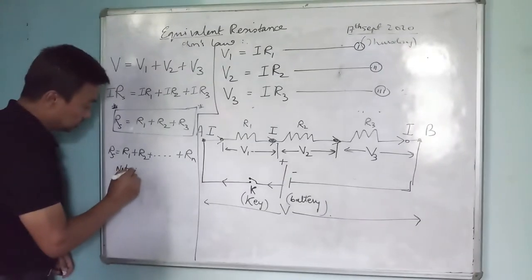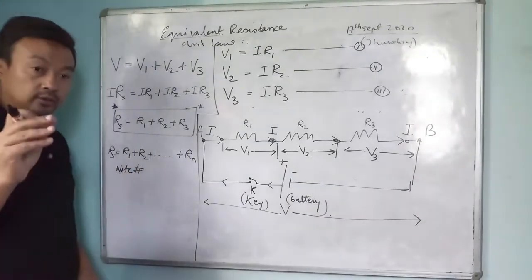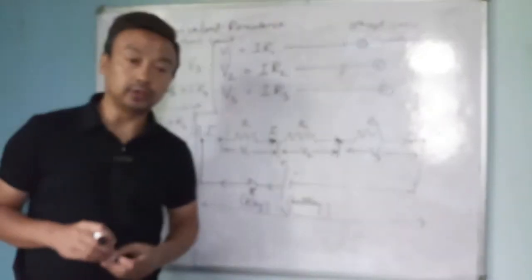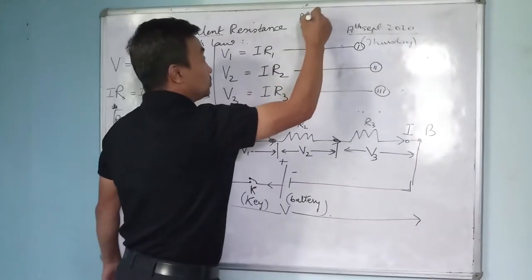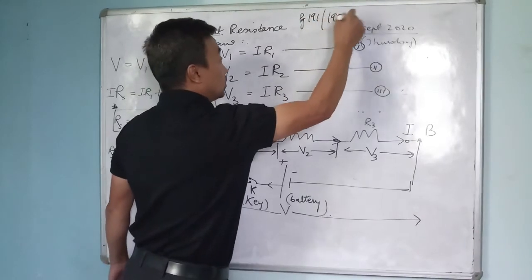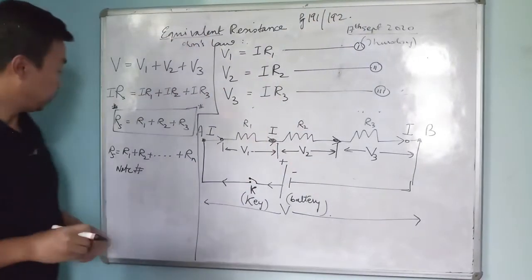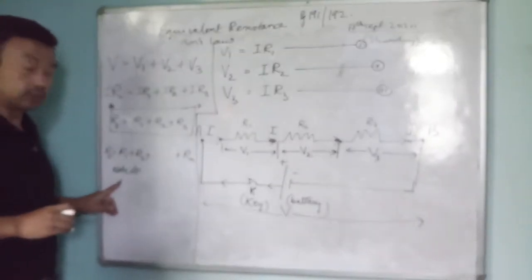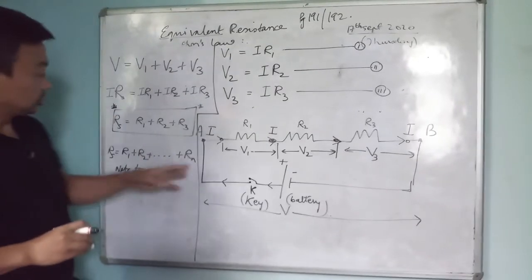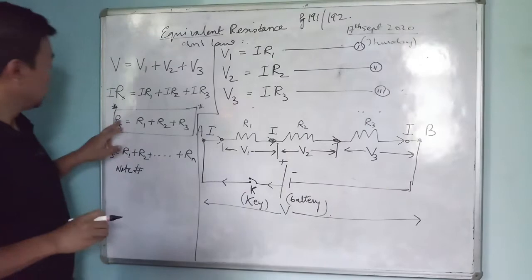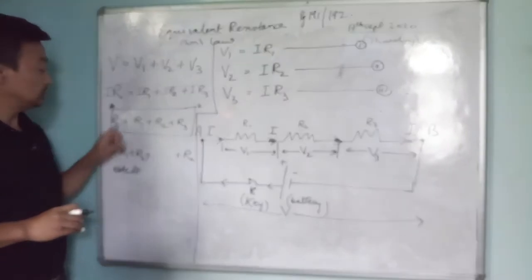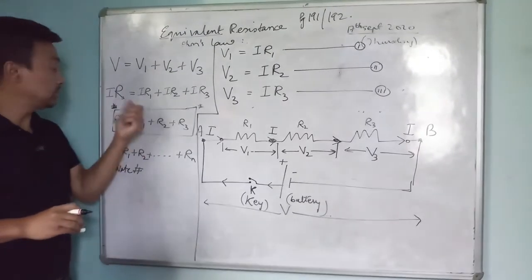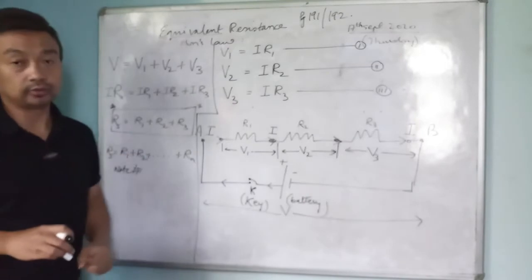From this, you can refer to your textbook, page numbers 191 and 192. You will find the note at the end there. These two you have to write down. The total resistance in the series is always greater than the individual resistances.